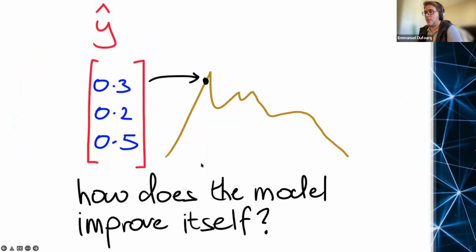So now the very final piece of the puzzle that we have not answered yet, and for which I don't want to go in extreme detail, is how does the model improve itself? Remember initially, something I didn't mention is that in neural networks we have the weights.